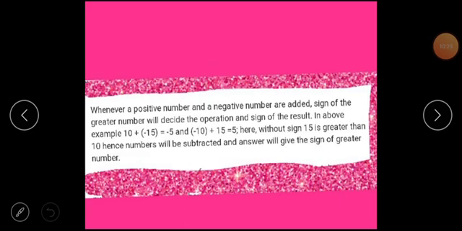Whenever you are adding two numbers, one positive and one negative, your result depends on the sign of the greater number.